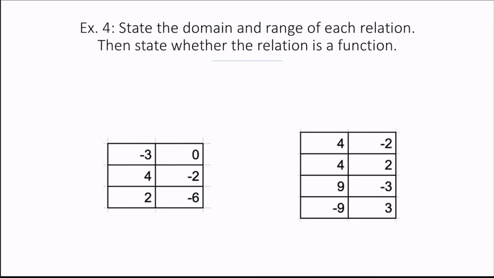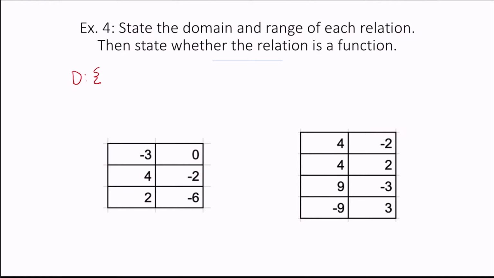State the domain and range of each relation, then state whether the relation is a function. So, remember that if our function or our relation is not a line, then the domain and the range are just the lists of all of the possible values. So the domain is going to be the set, we use the curly bracket for the set, of all possible x values.